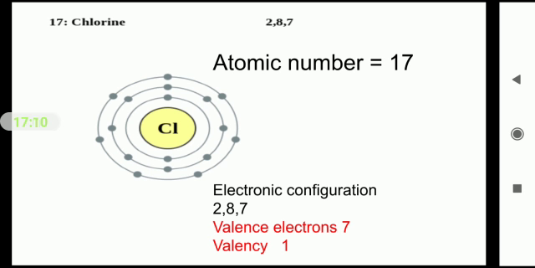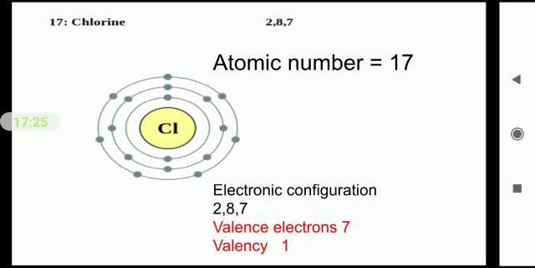We can understand this by calculating the valency of chlorine. The atomic number of chlorine is 17. The electronic configuration of chlorine can be written as 2, 8, 7.